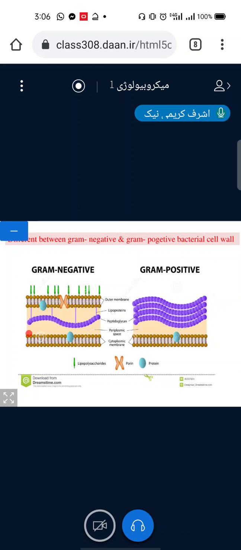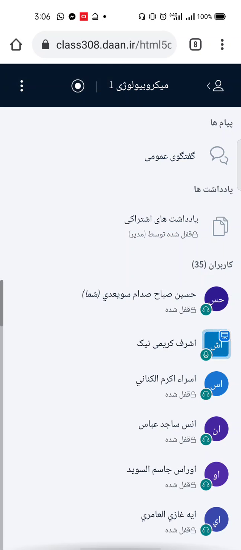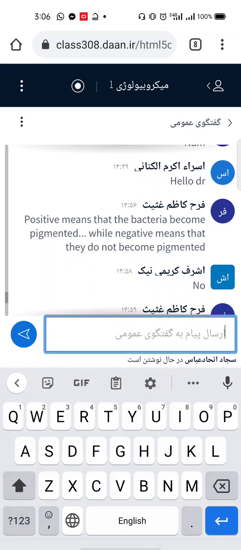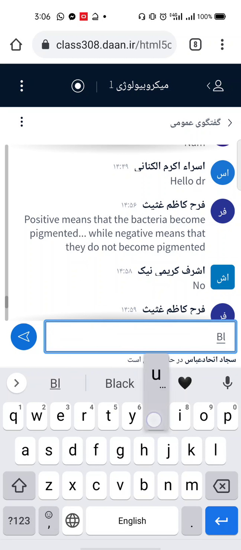But in gram-negative bacteria, peptidoglycan is thin, one layer, sometimes two layers of peptidoglycan.